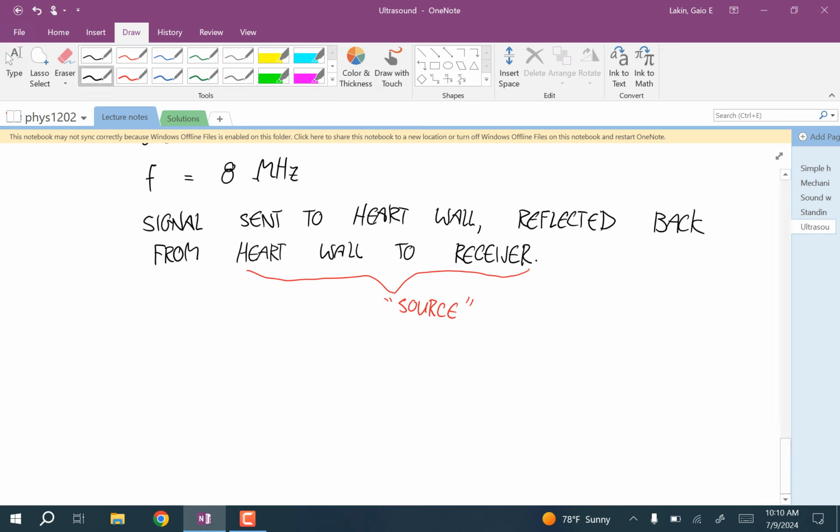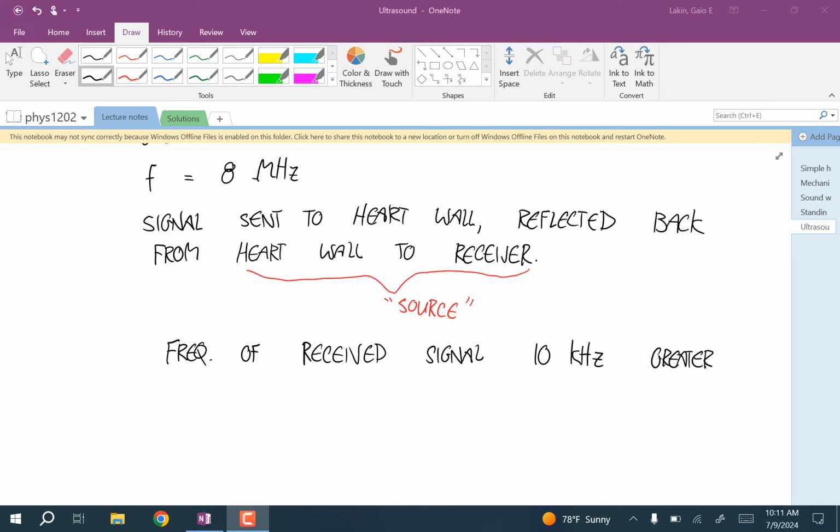And so let's say that the frequency of the received signal is 10 kilohertz, or 10 times 10 to the third hertz, greater than that transmitted signal.